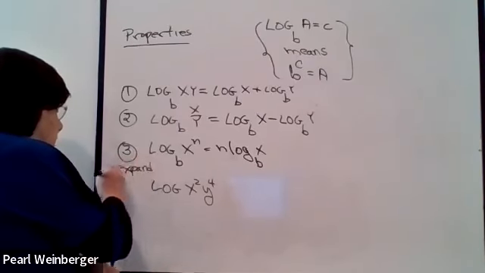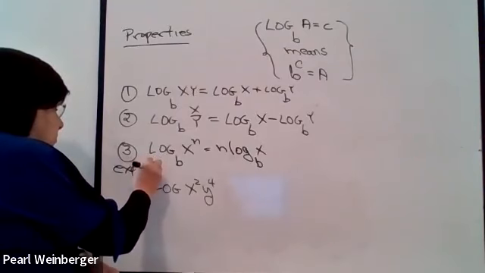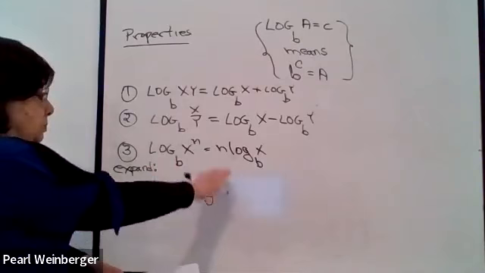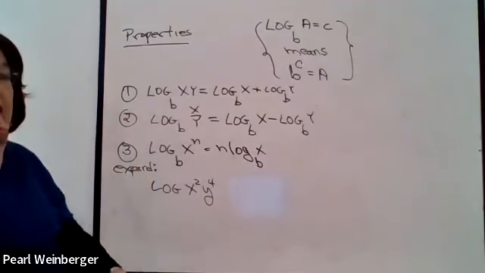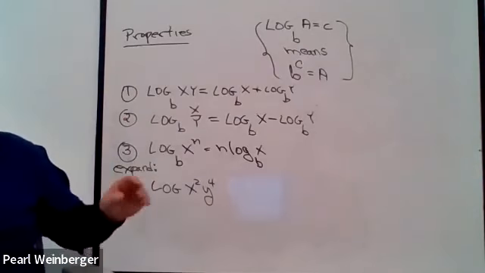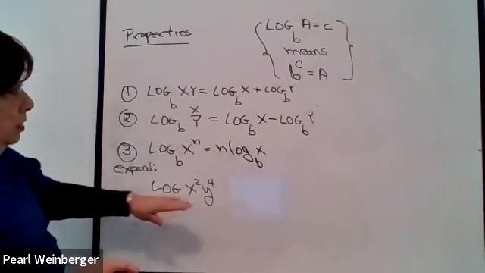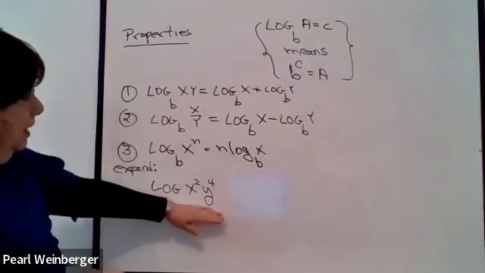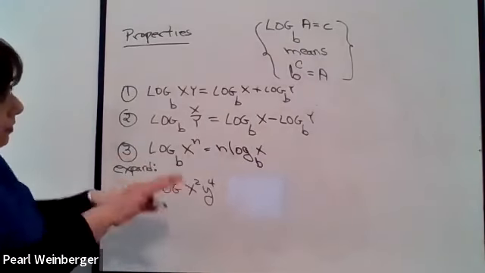Sometimes it just says write in expanded form. Sometimes it just means expand. We want to write this expression in terms of individual logs. I'm going to do this in two steps. I'm going to use these three rules and expand this.